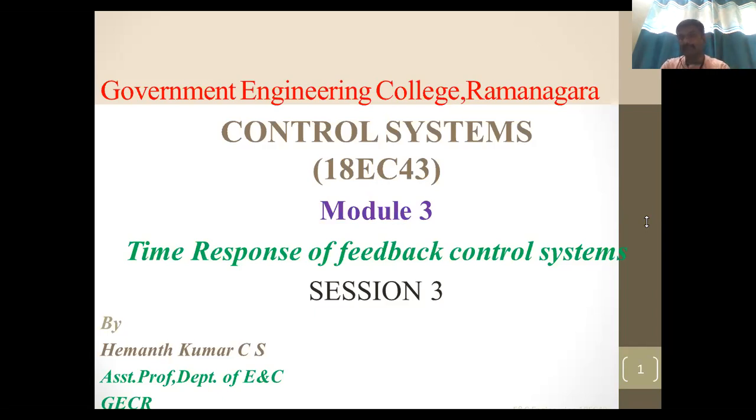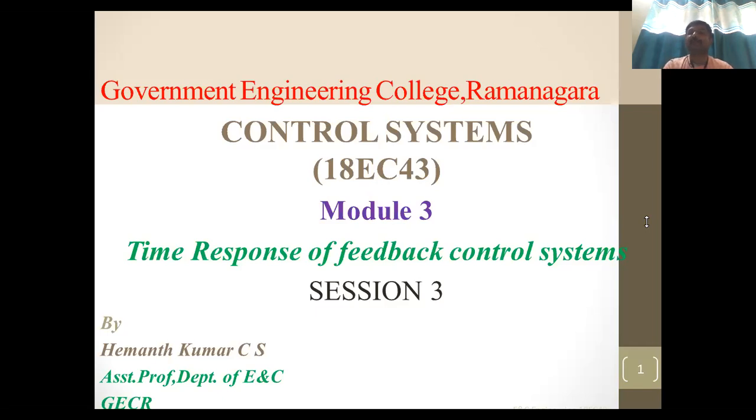Later we concentrated on the time response of second order system for unit step response, where we understood the detailed derivation in the form of C of t is equal to 1 minus e power minus xi omega nt divided by root of 1 minus xi square into sine of omega dt plus phi. That was the modified expression.